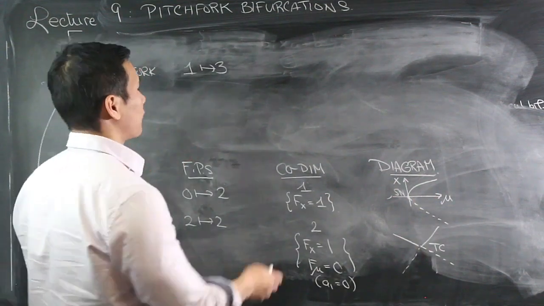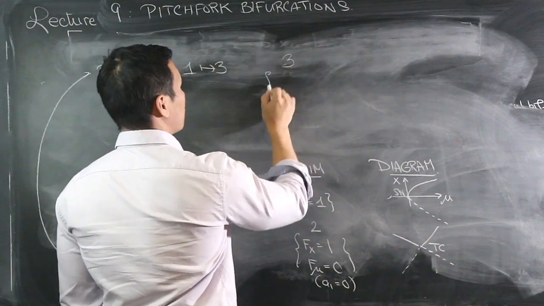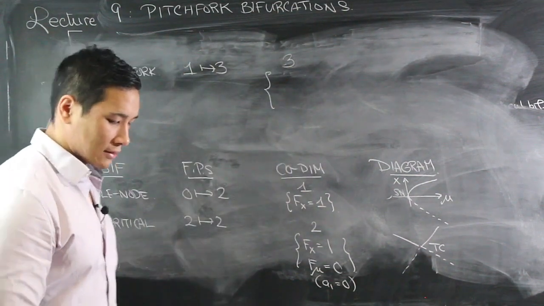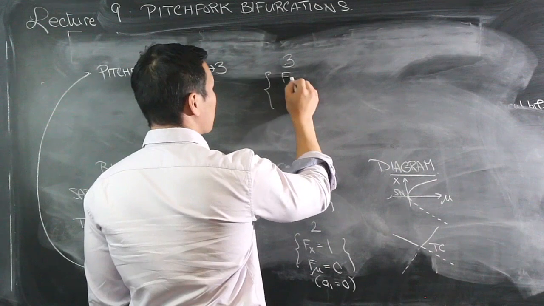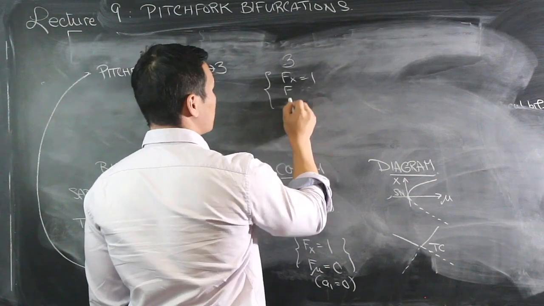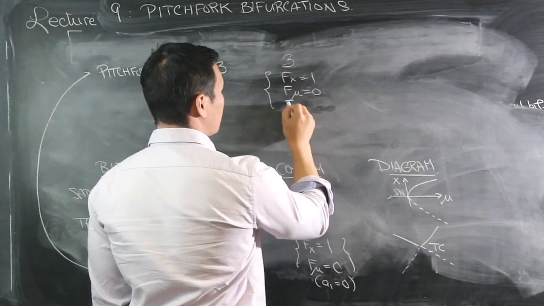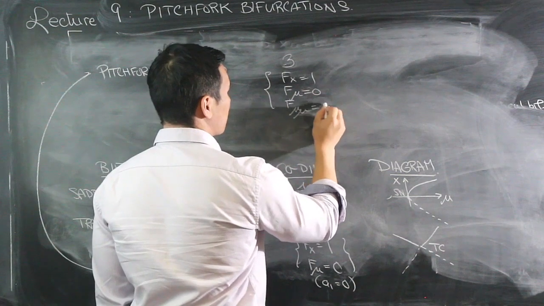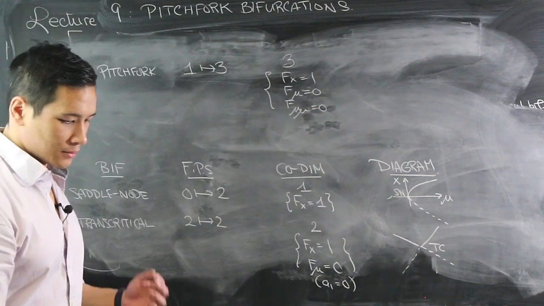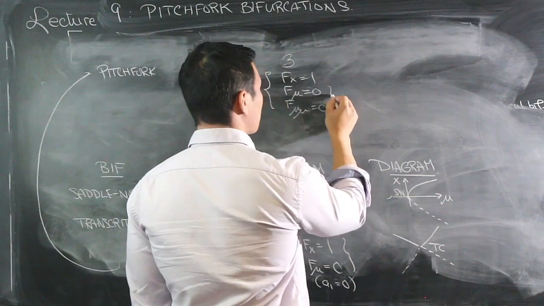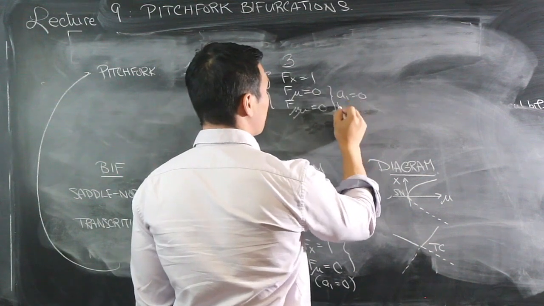In that case, you have a codimension of 3, and the conditions were that fx is equal to 1, f mu is equal to 0, and f mu mu is equal to 0. So these two conditions here were A1 is equal to 0 and B0 is equal to 0.